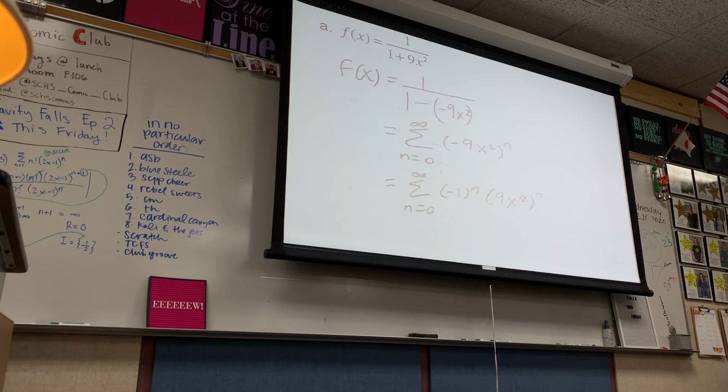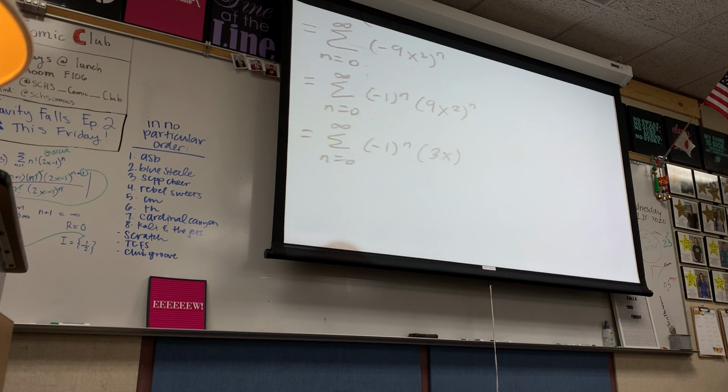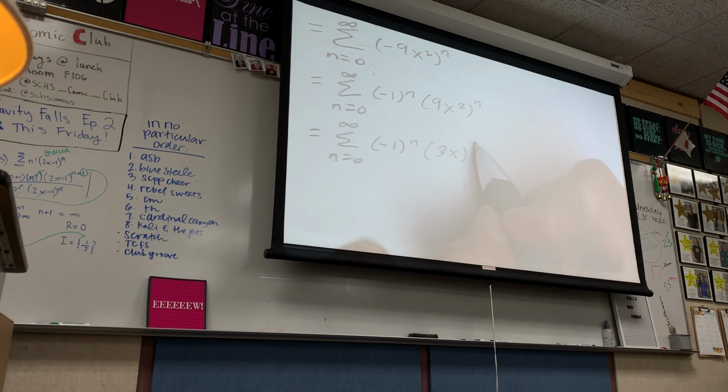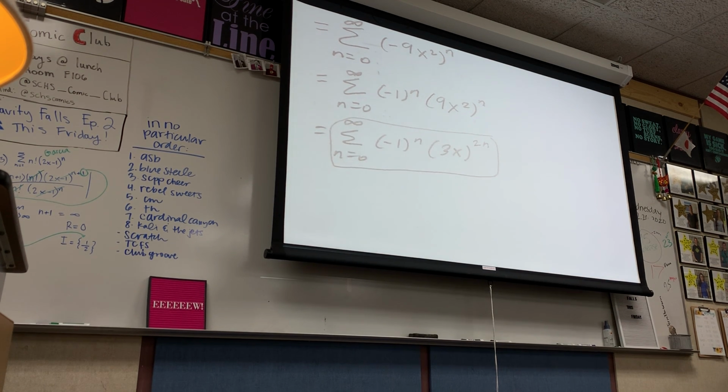And then very last thing, does everyone see the 9x squared could both be something squared? Do we all agree 3x quantity squared makes 9x squared? And you would pull the 2 out, but you already have an n, so you say 2n. And this is how the answer would probably be on a multiple choice test.